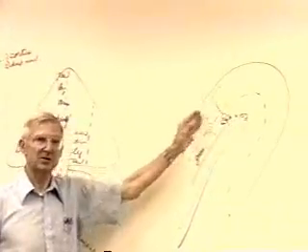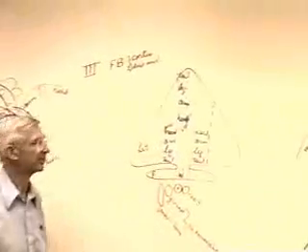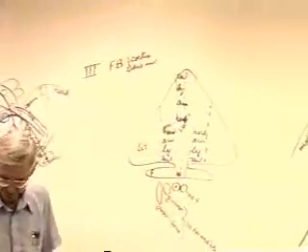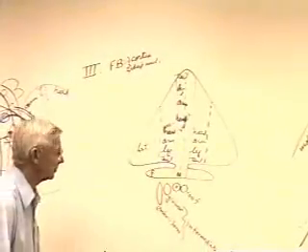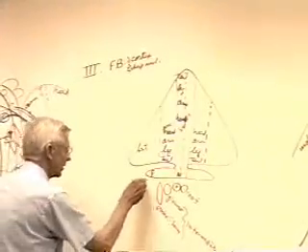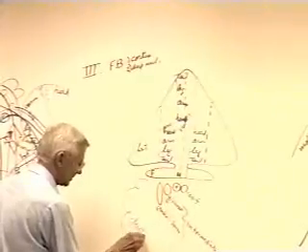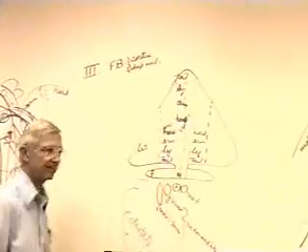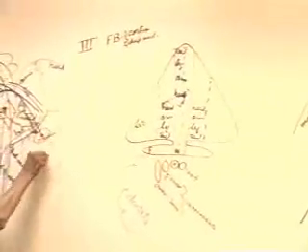Granule cells to Purkinje cells now, to a deep nucleus, which is a large structure, the dentate. Big dentate nucleus out here.